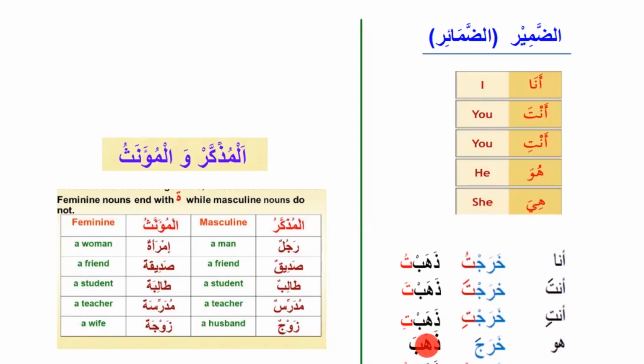So that's an example. Verbs in the Arabic language, their default form is in the third person, he. For example, in English, it is not so. In English, we have a verb, for example, went.